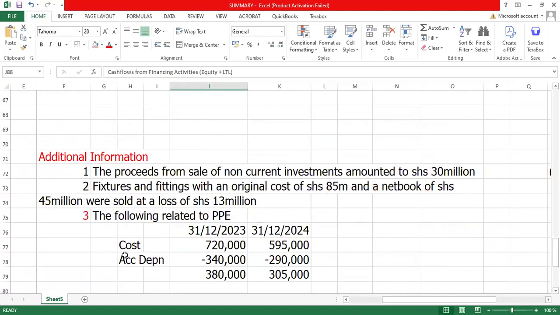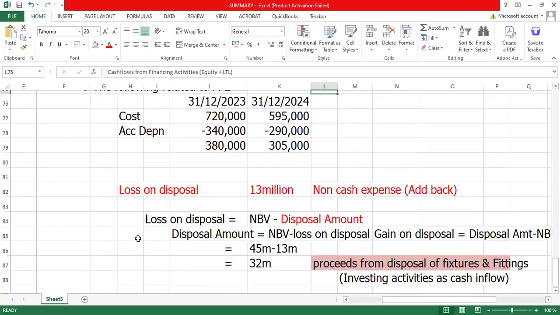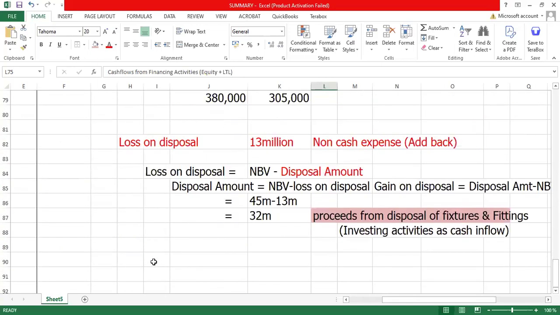Then next, number 3. What do you need on number 3? I think you'll be looking for the depreciation for the year. What else? Acquisitions or disposal.